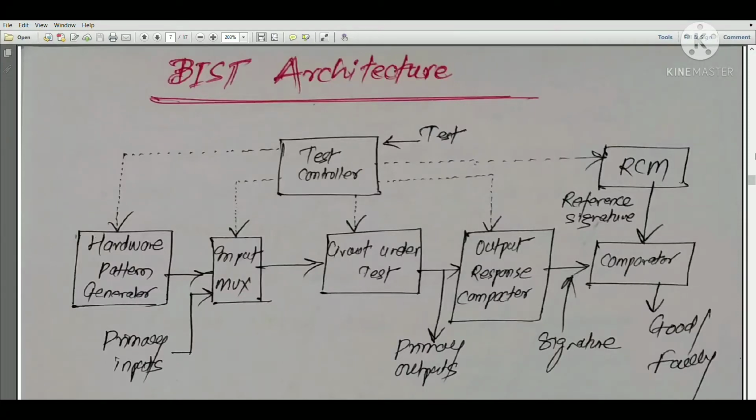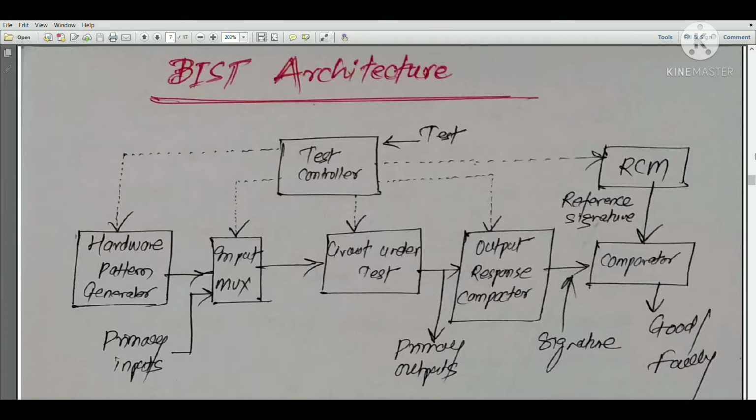So we are discussing the test pattern generation for sequential circuits, and in the last lecture we covered the details of scan based design. Today's topic of discussion is BIST, that is built-in self test architecture or built-in self test technique.